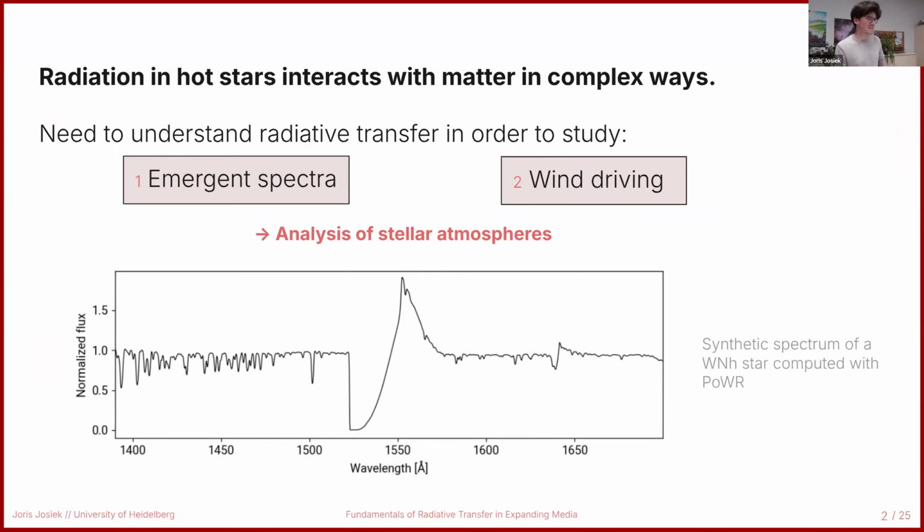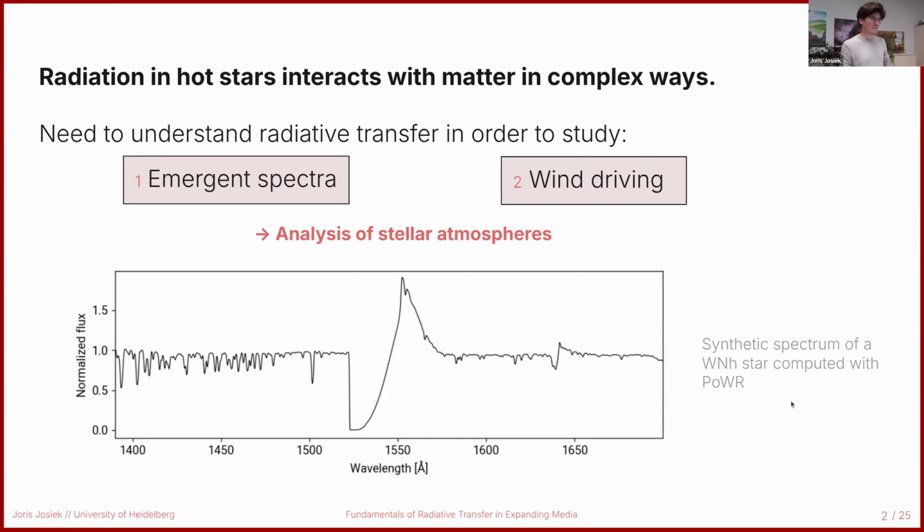So let's start with a quick motivation. As we all know, radiation in hot stars specifically interacts with matter in very complex ways. And what we want to do as scientists studying these stars is have some background theory and models to explain how observations of stellar spectra arise.